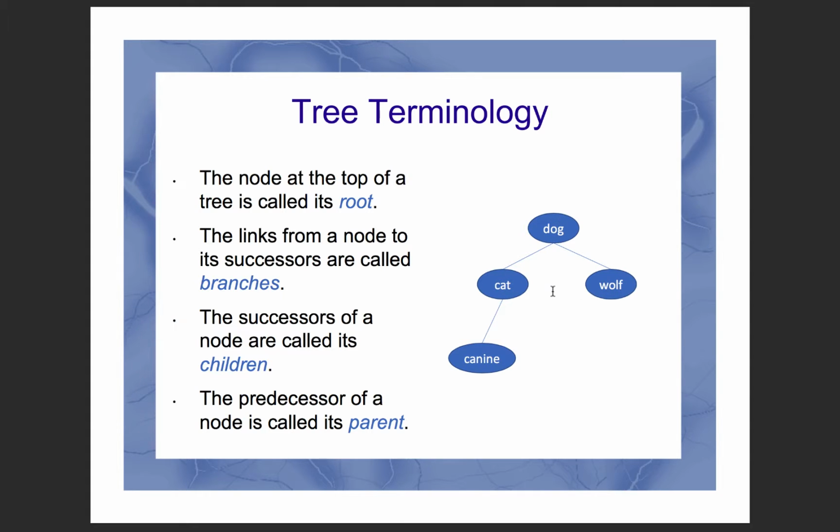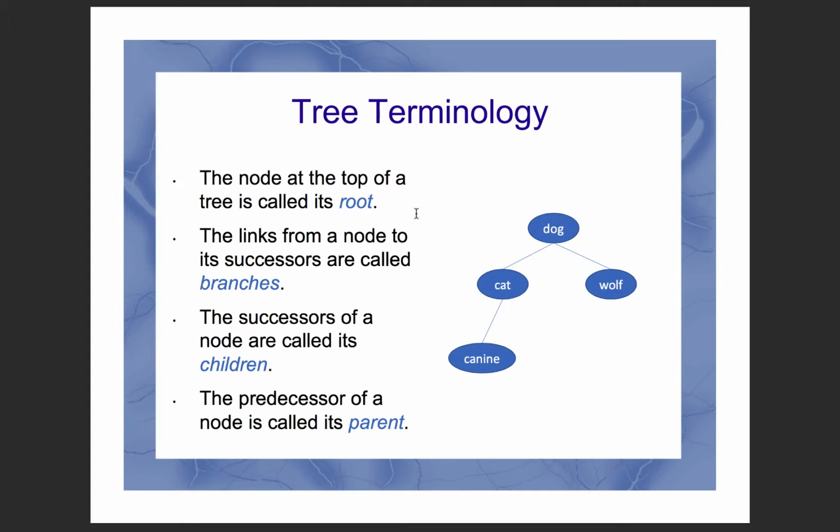Since these are the children of this node, you can call this node a parent. Similarly, for these portions, this one is a child of this node, so you can call that this one is a parent of this node. This one is a child of this node, and this one is a parent of this node.